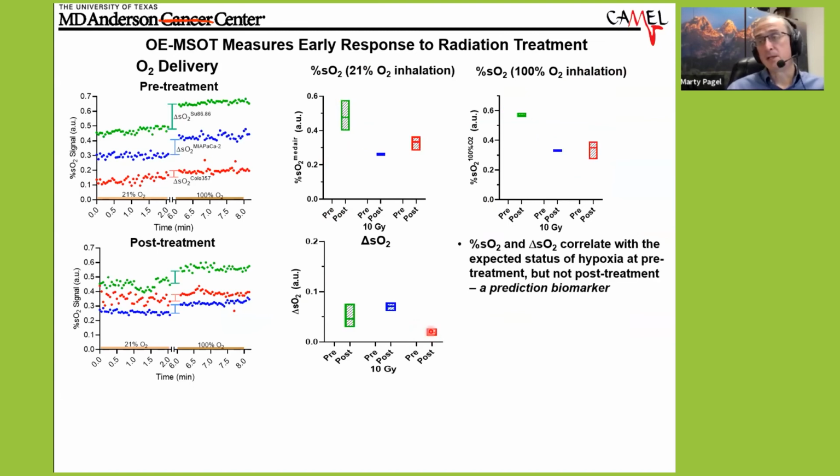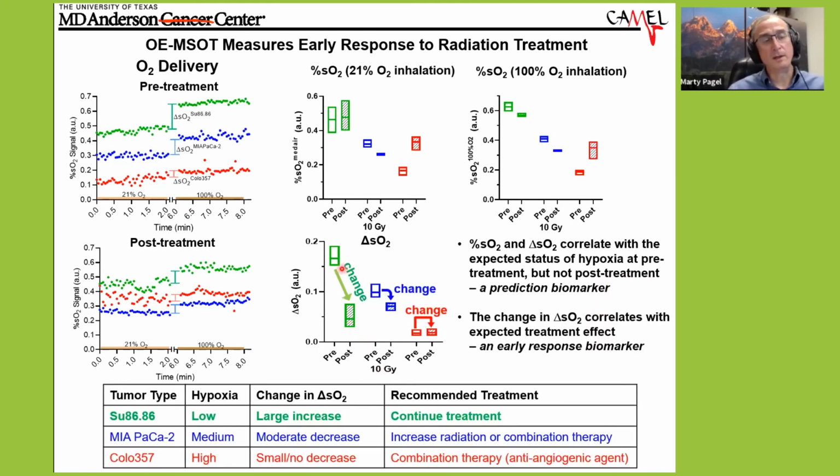But after radiation treatment, there really isn't a clear pattern here. So this is not a post-treatment biomarker. It can only predict which tumors are normoxic or hypoxic and should respond to radiation. Afterwards, it's less clear. But what we did notice is that this change in the available oxygen capacity, this delta SO2, decreases remarkably for tumors that do experience good effect from the radiation, the normoxic model, while the hypoxic model doesn't change at all.